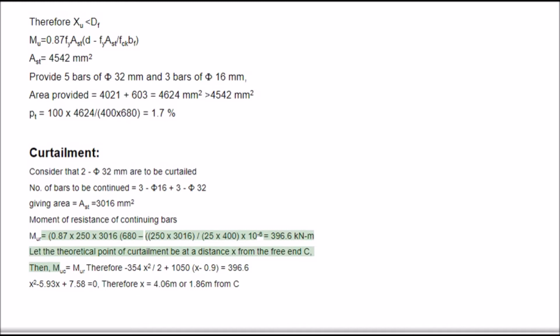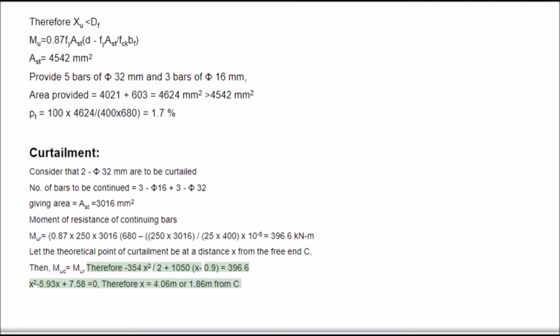Muc equals Mu. Therefore, minus 354 x²/2 plus 1050 x 0.9 equals 396.6. So x² - 5.93x + 7.58 equals 0.